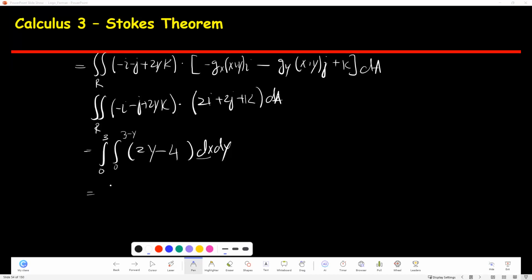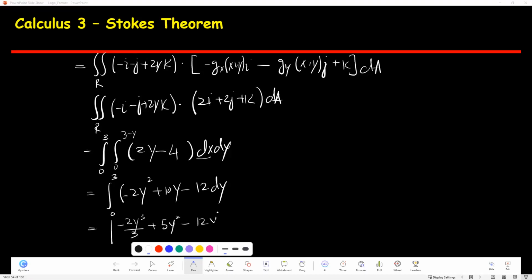Now I'm going to take the integral 0 to 3 of minus 2y squared plus 10y minus 12 dy. I apply the integral and limit directly, and then the second integral is going to be minus 2y cubed over 3 plus 5, 10 divided by 2 is 5y squared, minus 12y, from 0 to 3.